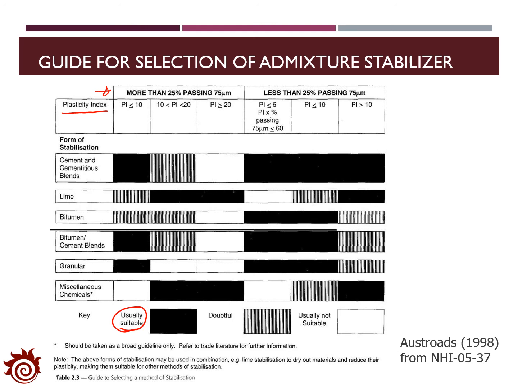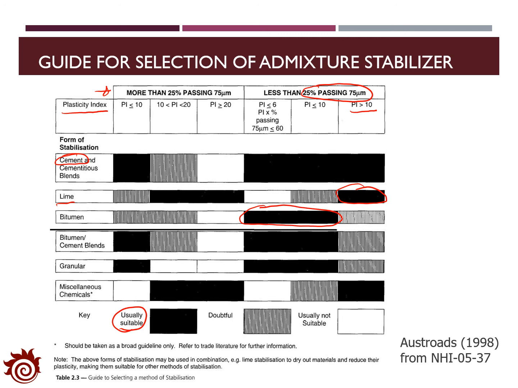For example, if the soil has less than 25% passing the number 200 sieve, then for any value of plasticity index, we can use cement, while only when the plasticity index is higher than 10, we can use lime. And if the plasticity index is less than 10, then we can use bitumen.